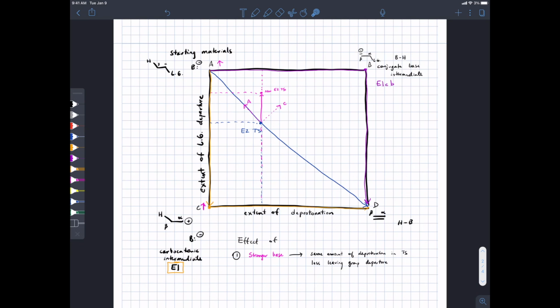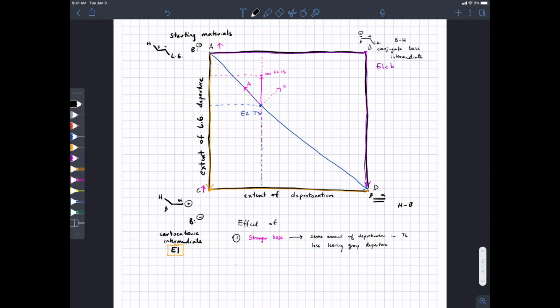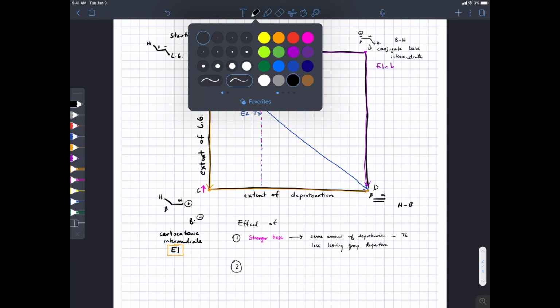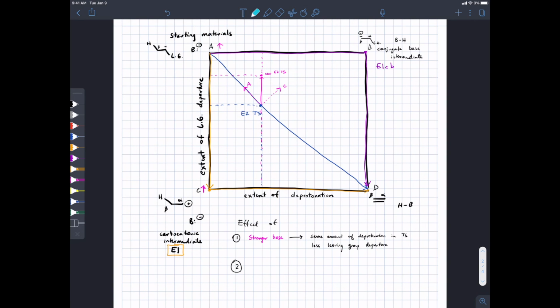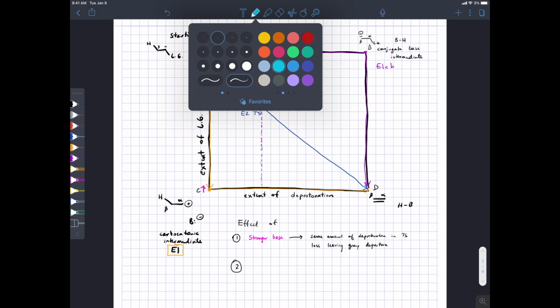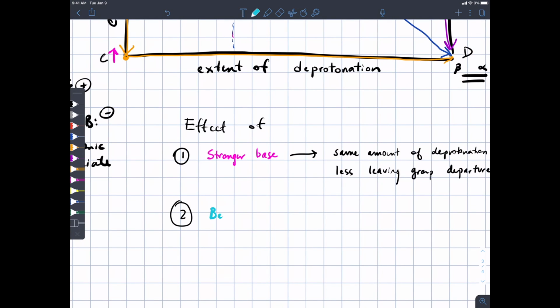Okay, so let's talk about the other thing that people think about when dealing with E2 reactions and whether it'll be E1 or E1cB or just E2. Let's talk about making a better leaving group. I'm running out of colors to choose here. Cyan, that's fun. Let's try cyan and make it a little bit thicker. So let's suppose we use a better leaving group.